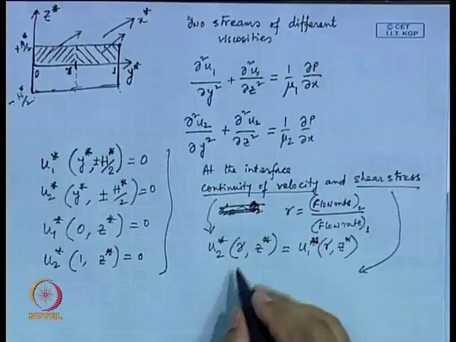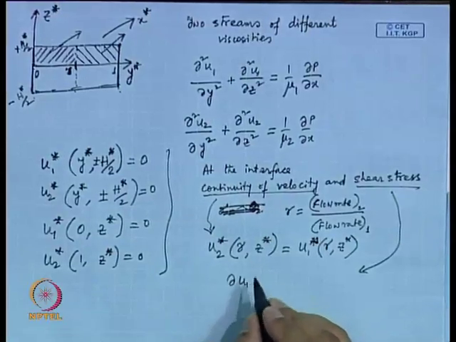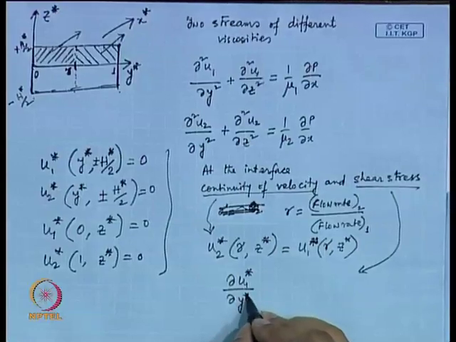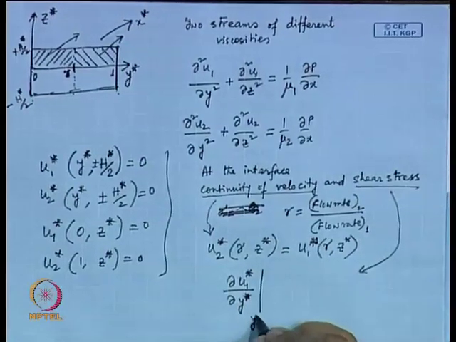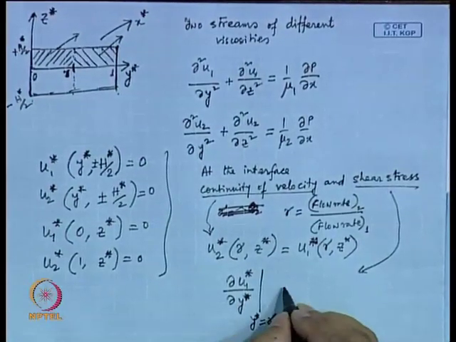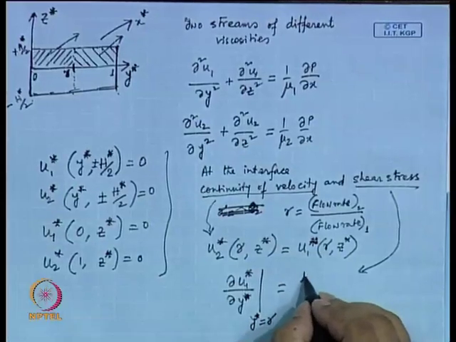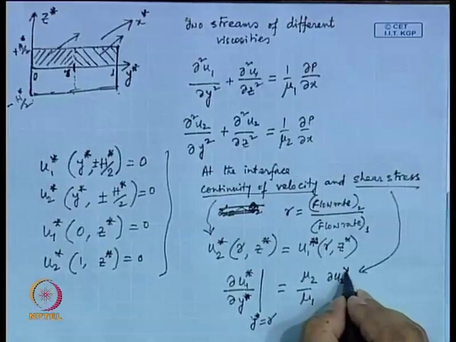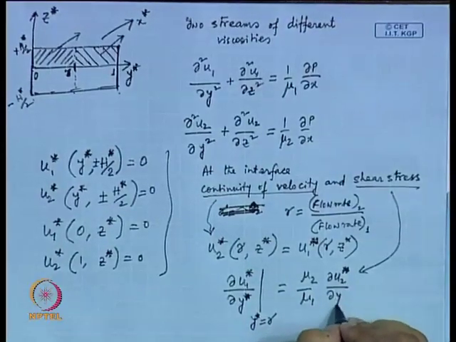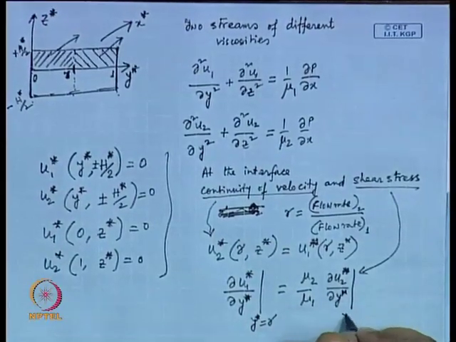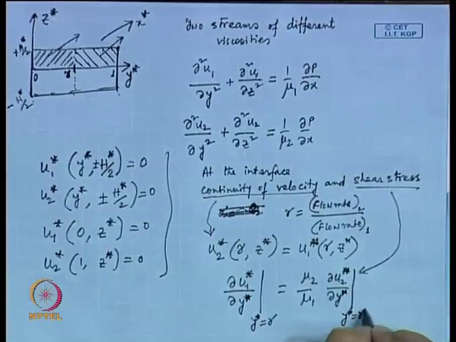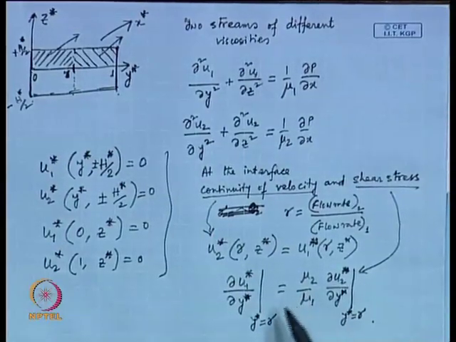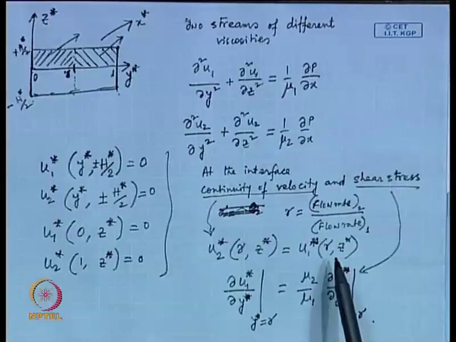To satisfy this, you have to write del u 1 star by del y star at y star equal to gamma, that is equal to mu 2 by mu 1 del u 2 star by del y star at y star equal to gamma. So, that is how you equate the continuity of the shear stress. So, that is important at the interface.